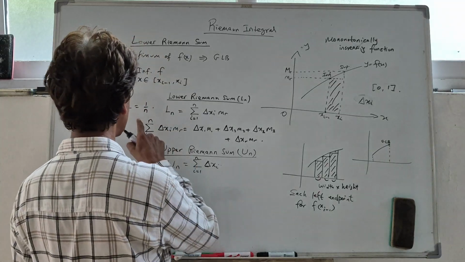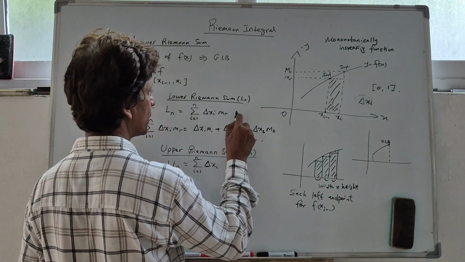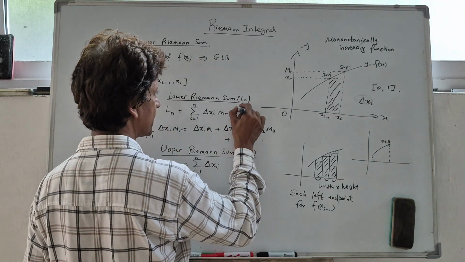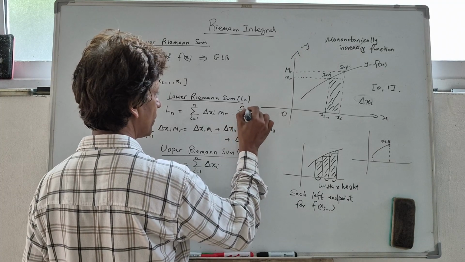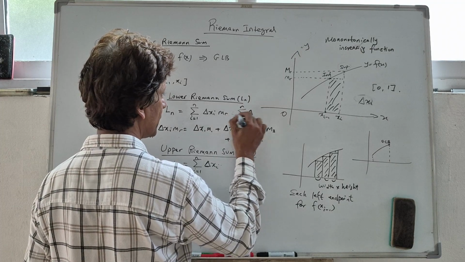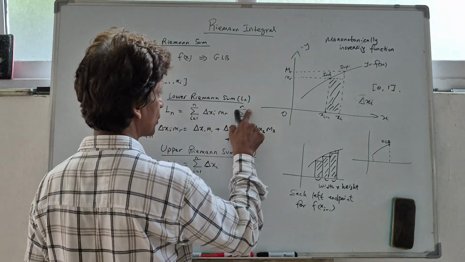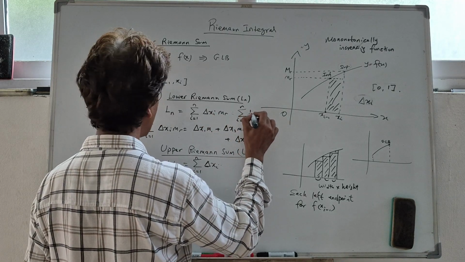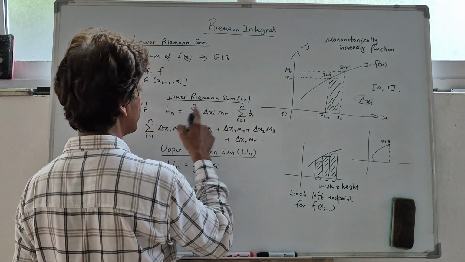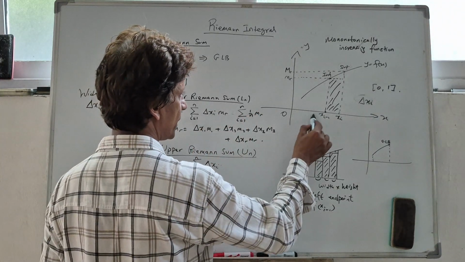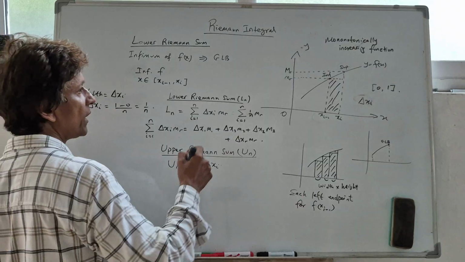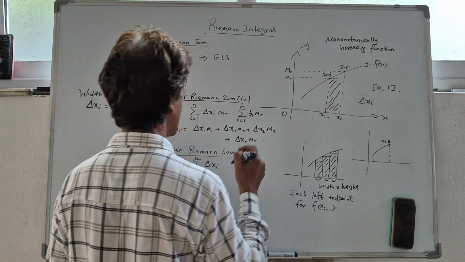Now remember, this was 1 over n over here, so we could go further in writing this in a nice form. Delta xi, which is 1 over n, so you're going to say 1 over n times mr. And mr is this one here for the lower Riemann sum.